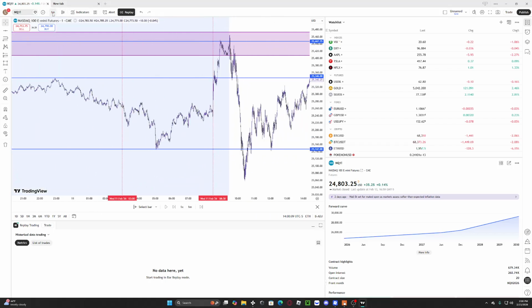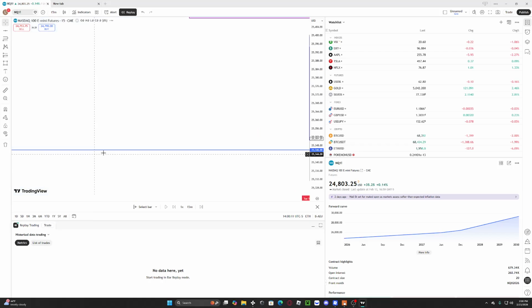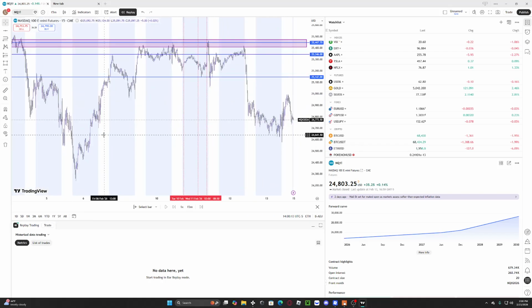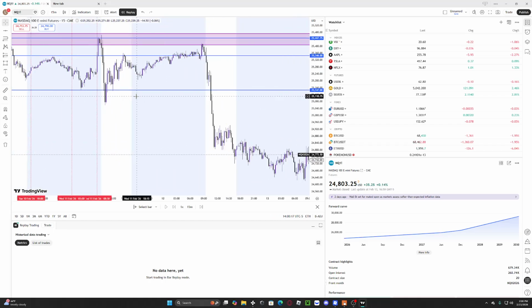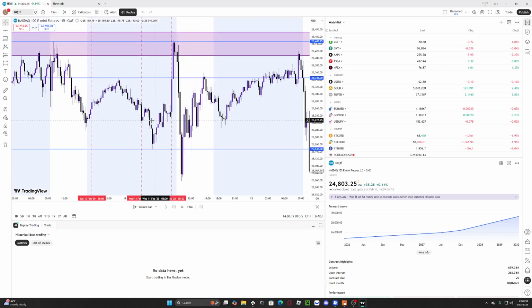Yeah, I would target the session lows and hopefully get a good risk to reward. Take profits at confluence to the other side, areas like this order block, and then here, and I don't really see much more to take profit on.